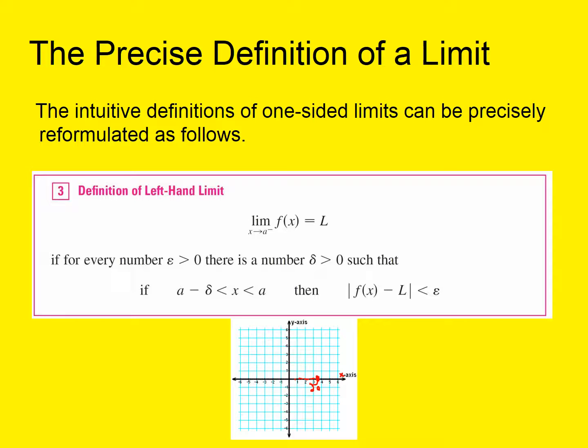X can't go out there. X is strictly less than a. But x is entering into and staying within, and approaching a from within, a delta interval to the left of a. Then something happens up here with f of x, that it approaches L. It is within epsilon of L.